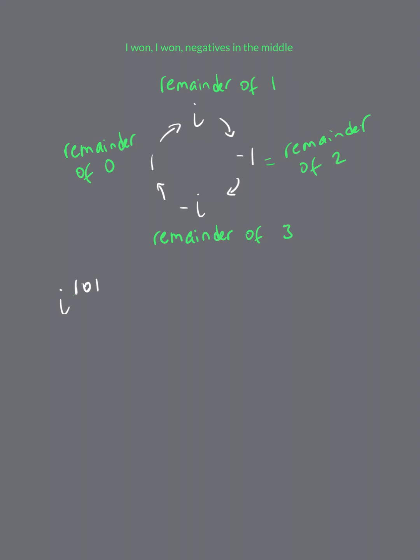If we wanted to evaluate i to the 101, we would divide 101 by 4. So 4 goes into 10 2 times. Bring down the 1. 4 goes into 21 5 times. And now we have a remainder of 1.